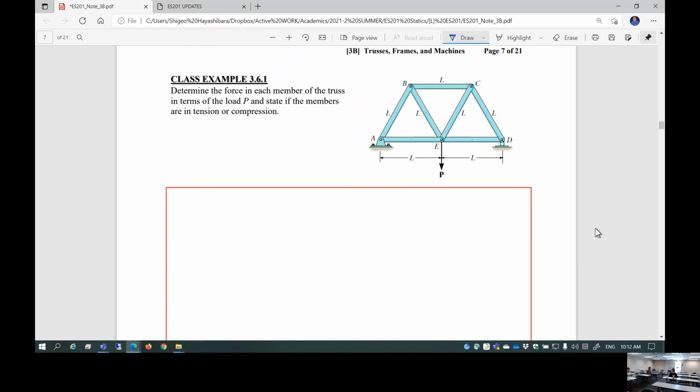I can, of course, simply add 2 more members here. Those are 0 force members, but make it look complicated.